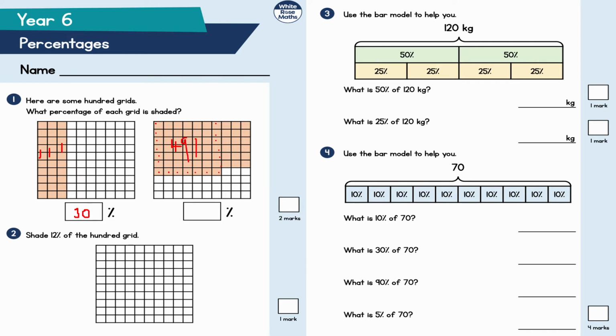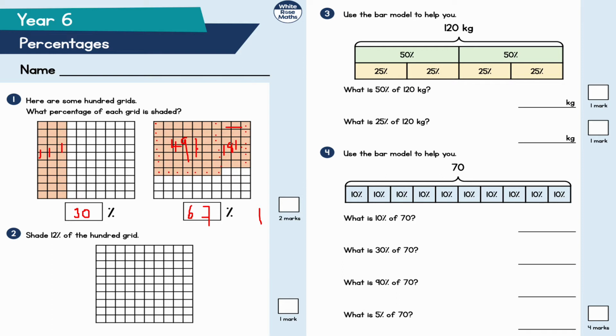And then I'm going to add on the additional, well, I've got 3 there, and I've got 1, 2, 3, 4, 5, 6, and then I've got 18%. So 49 add 18, 9 add 8 is 17, carry the 1, 4 add 1 is 5, add the 1 is 6, so the answer is 67%.